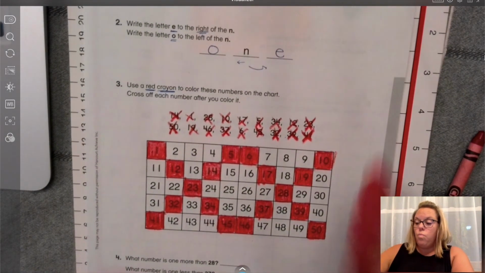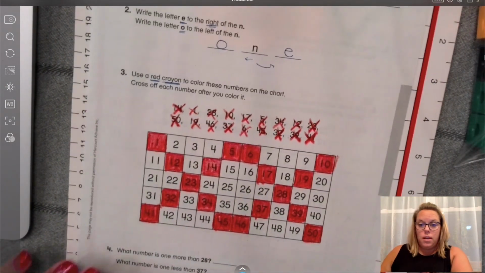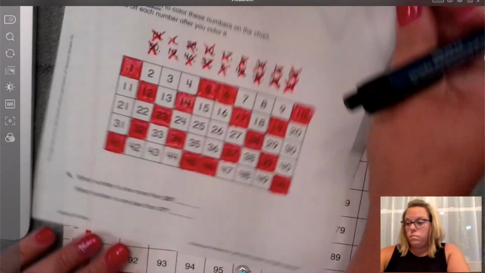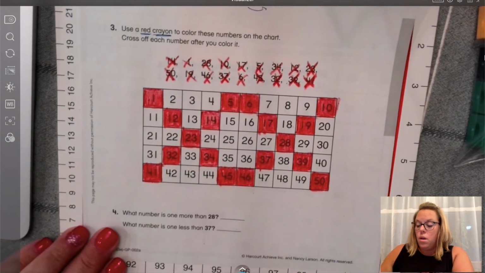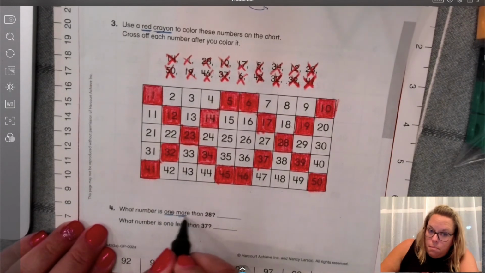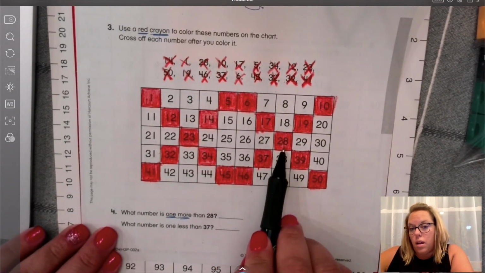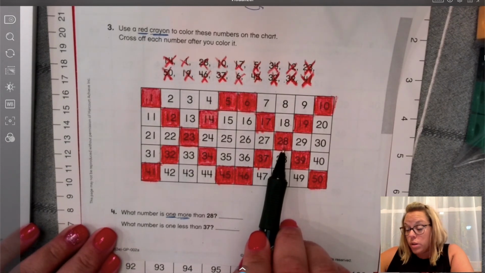We have one more problem to look at today. Let's go ahead and take a look. It says, what number is 1 more than 28? Find 28 on your chart. What's 1 more than 28?